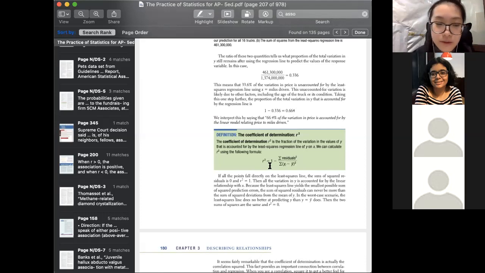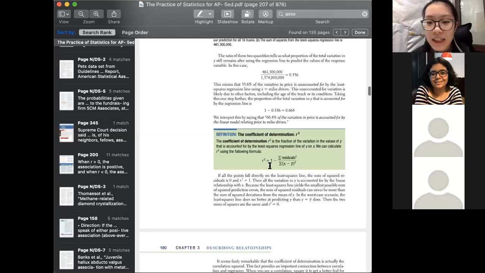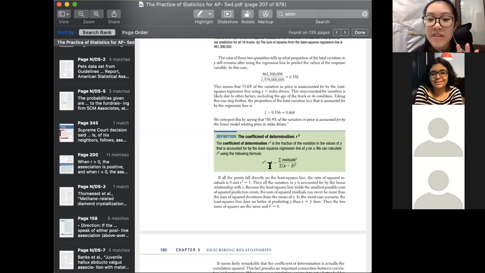But for the correlation coefficient, we describe a strong positive linear relationship between two variables. So R squared describes variation, and R describes strength, although they are related to each other by squaring or taking the square root.